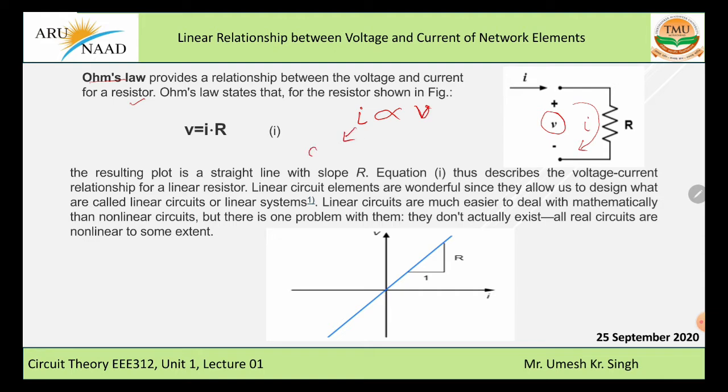So current is the dependent parameter and voltage is the independent parameter. Or if we remove this proportionality constant, we get I is equal to 1 upon R into V, and at some places it is written as V is equal to I into R.